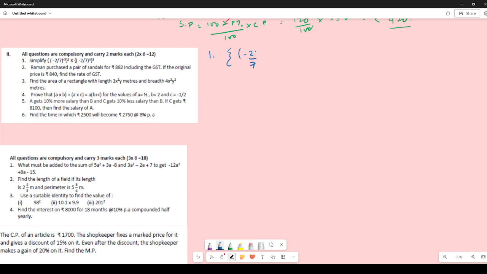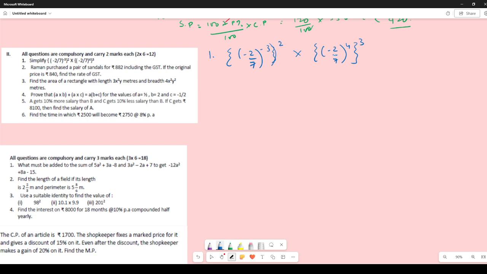Minus 2 by 7 to the power of minus 3, whole to the power of 2, into minus 2 by 7 to the power of 4, whole to the power of 3.